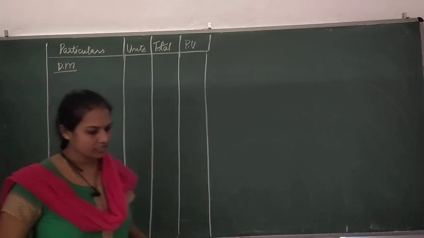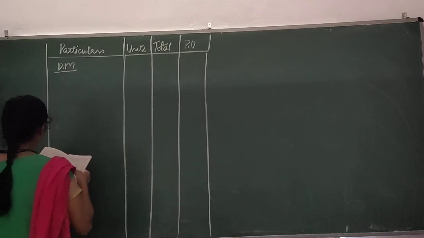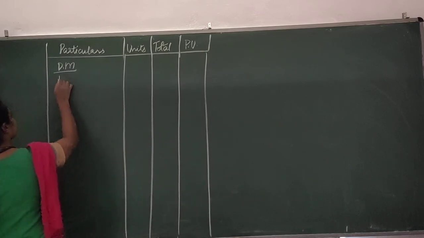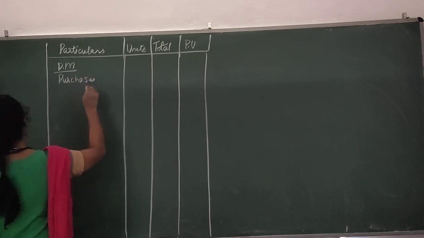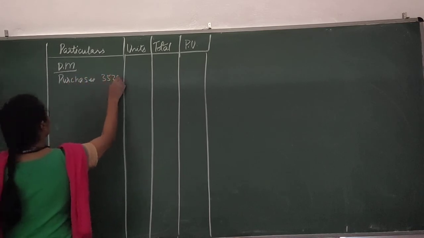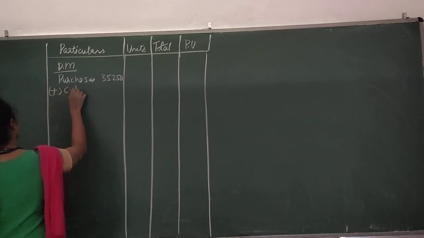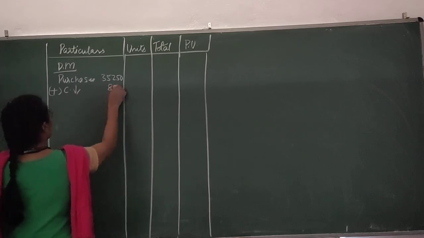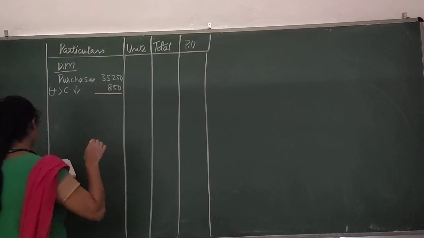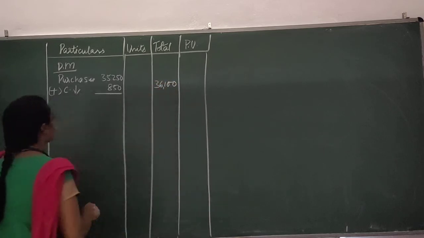Under your direct material, in this problem they have given you purchases. What is the amount? 35,250. You will add carriage inward, just 850. So the total goes under your total column, which is 36,100.